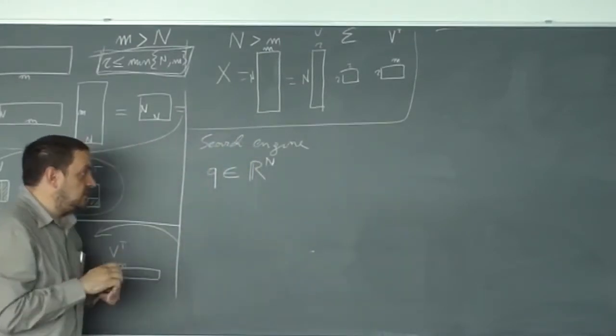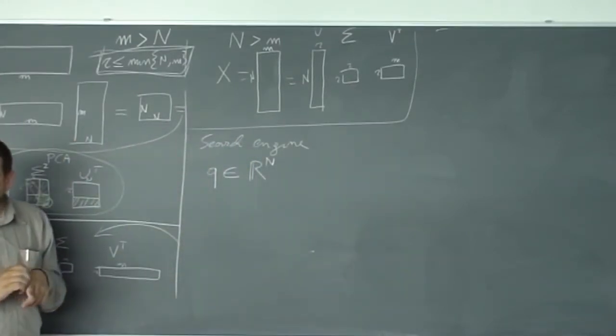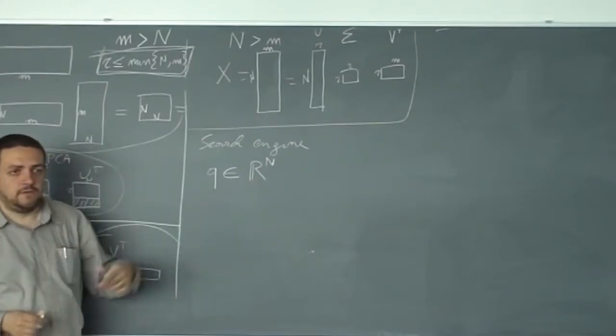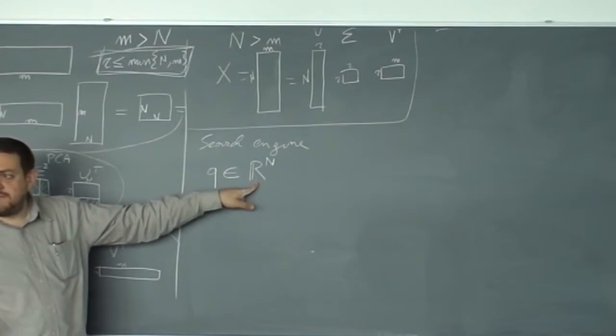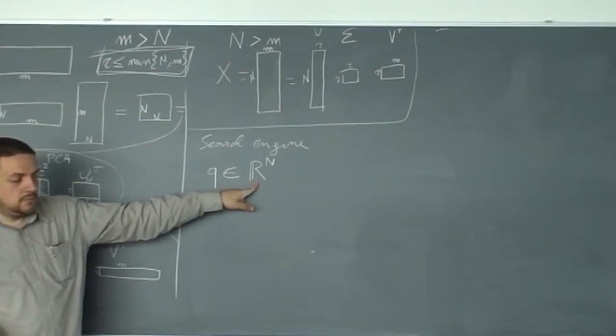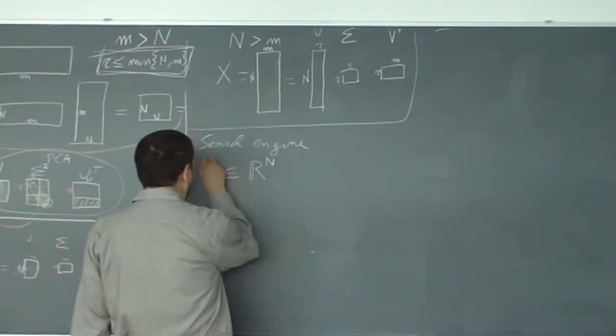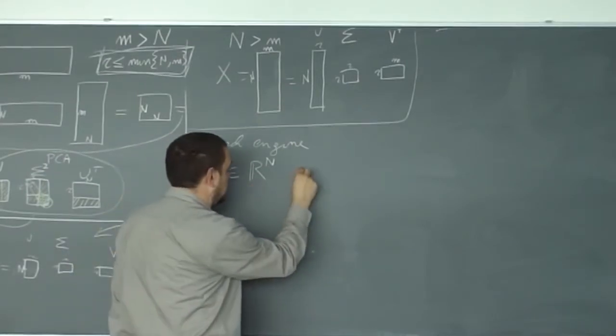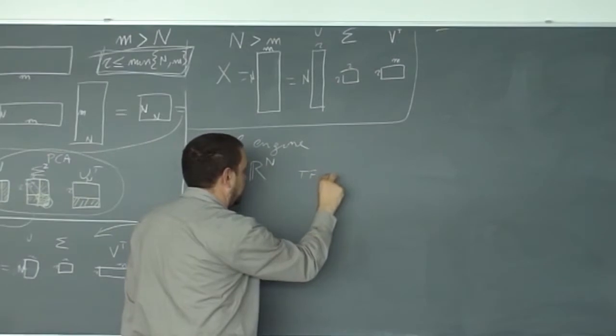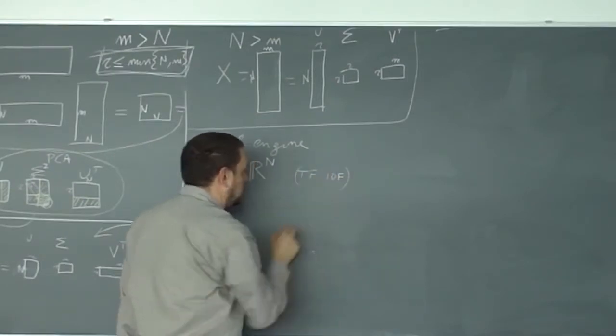So a query can be treated exactly as any other document. It can be represented in the TF-IDF space. So Q, our query, is a vector in the TF-IDF space.